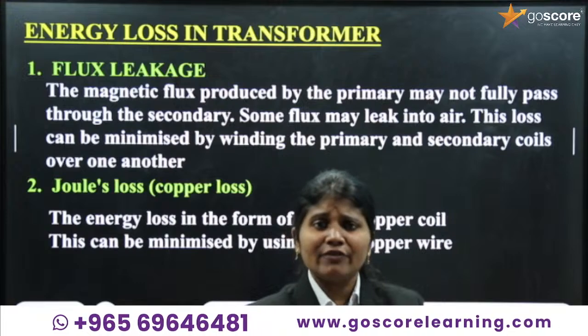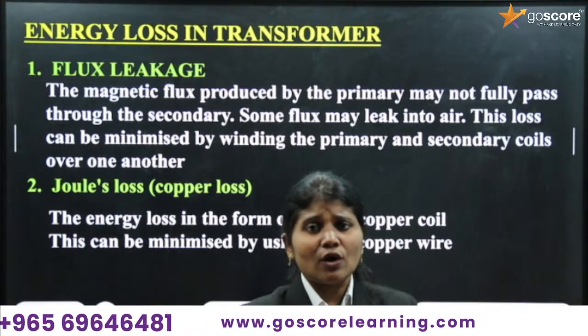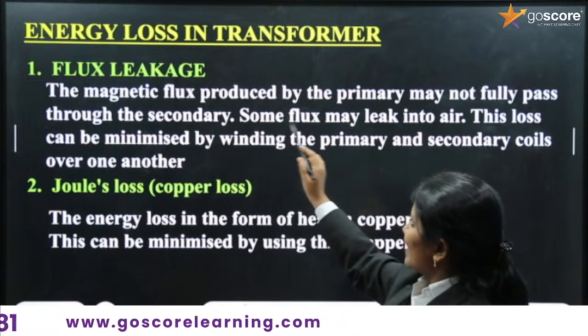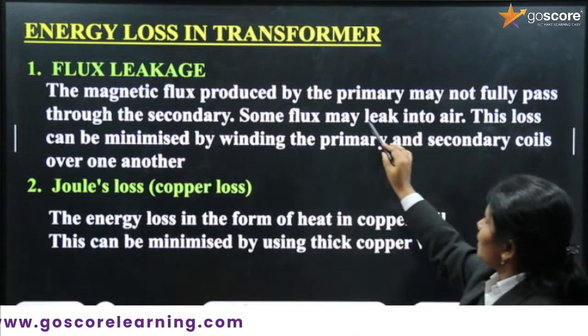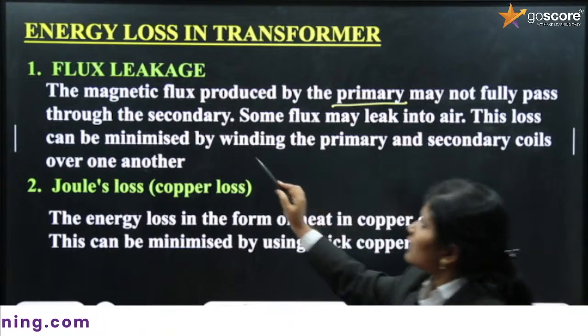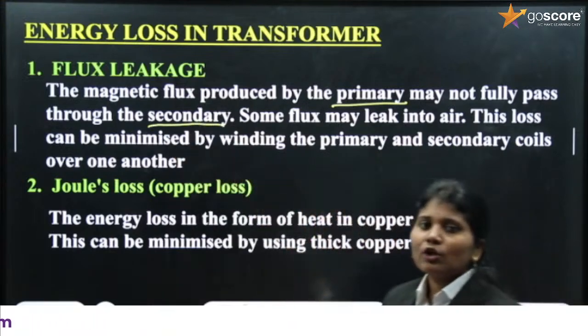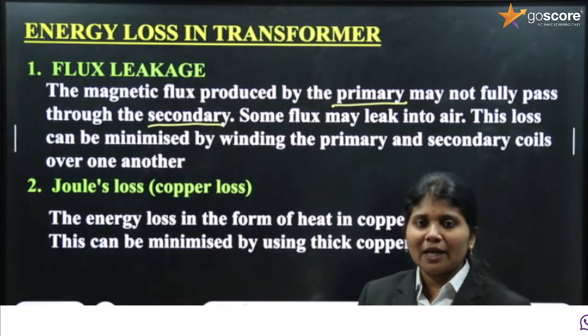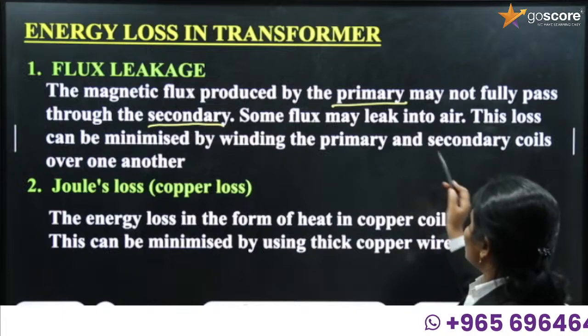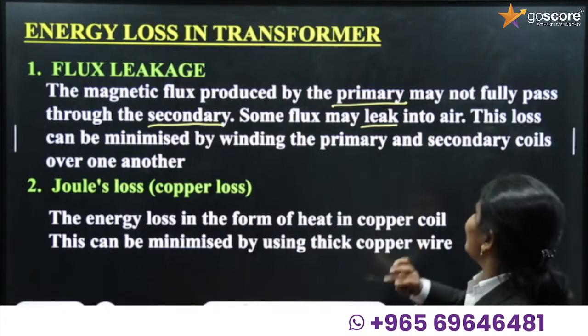Some flux is wasted, and that we call flux leakage. The magnetic flux produced by the primary may not fully pass through the secondary. Some of the flux is leaking into the air.